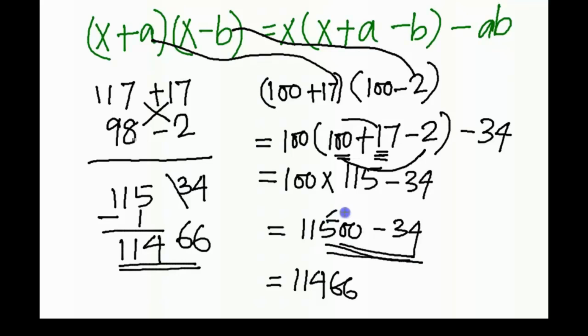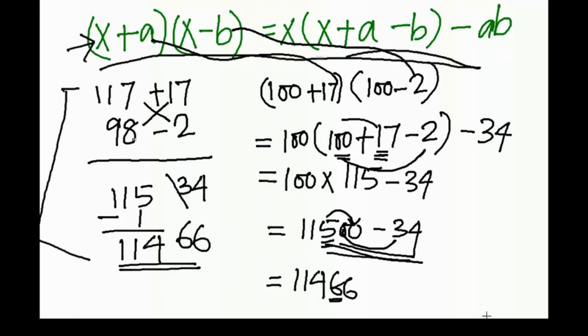Here the answer is this because we have 0, 0 at the end. It is exactly something like subtracting 34 from 500. So we borrow 10 here till the end. So 10 minus 4 gives me 6, it is 9 minus 3 gives me 6. And since we have borrowed 1, this becomes 4, so 11,466. So that is how this principle works.